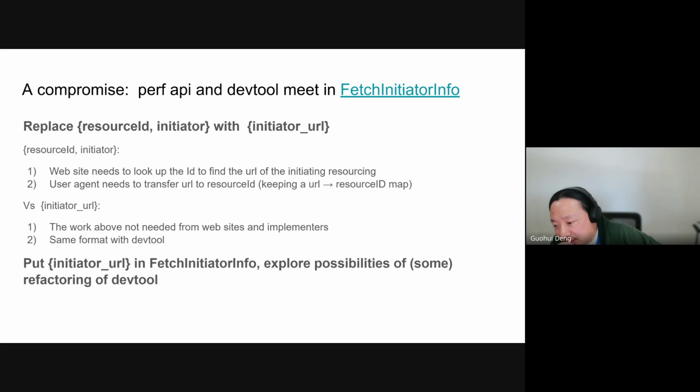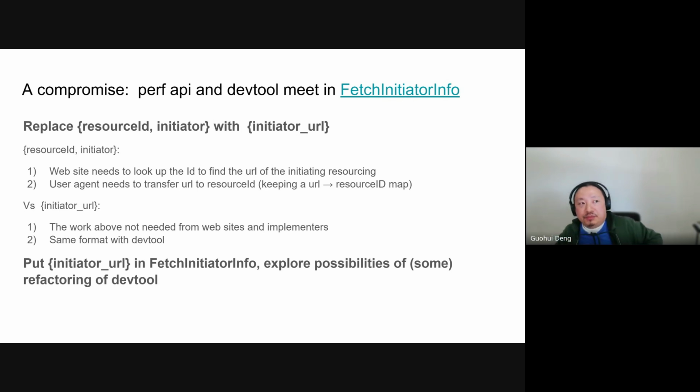Another advantage is that it's the same format the dev tool uses. If we calculate that, the dev tool could use it too. Then we can put this in the fetch initiator info, and downstream, the dev tool can use it. If we change it this way, it simplifies the work and gets closer to sharing the data with the dev tool.